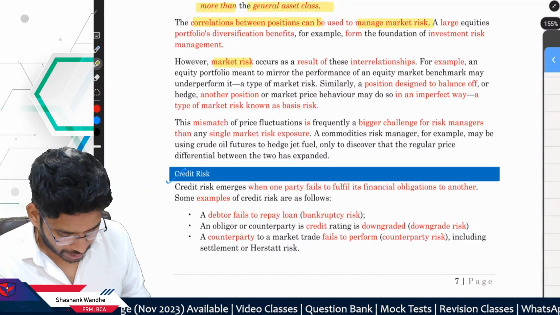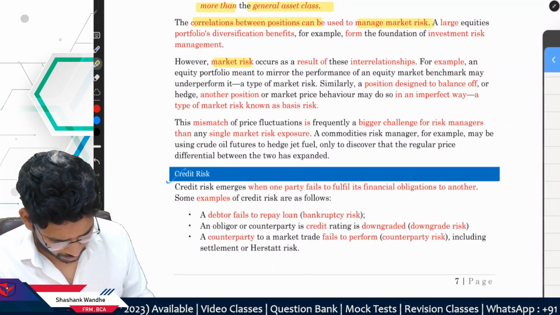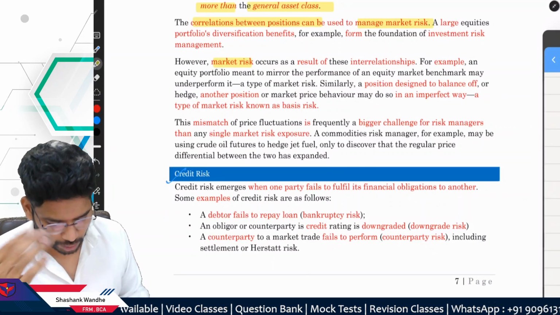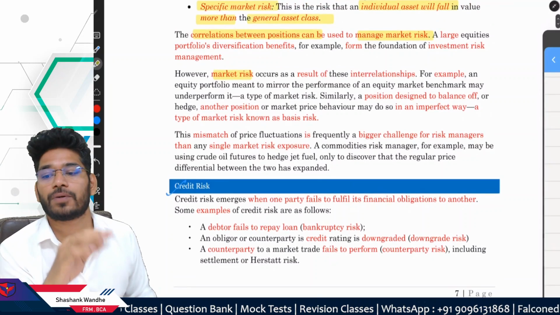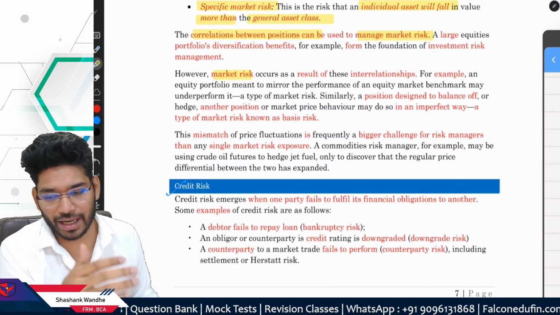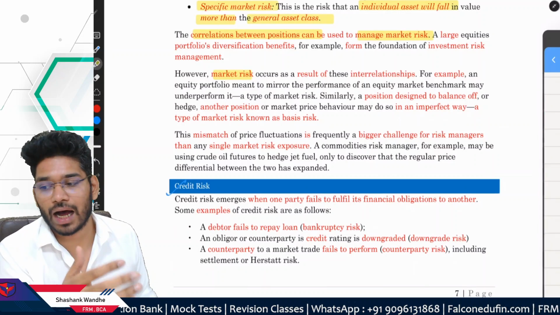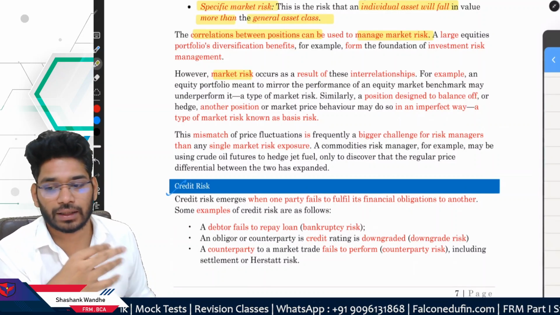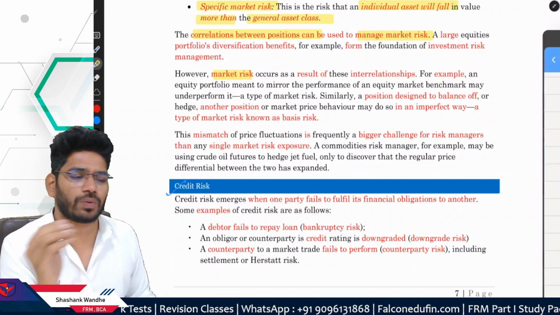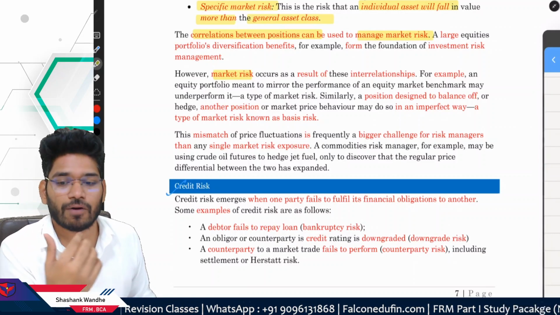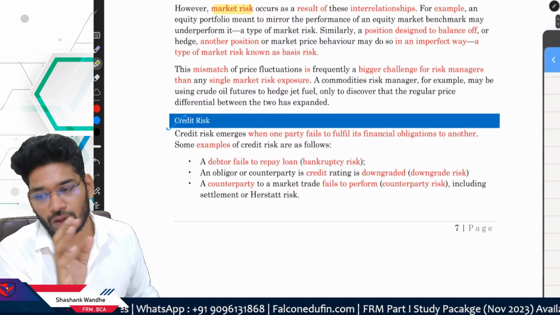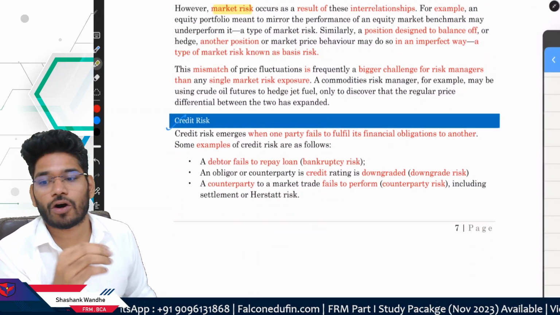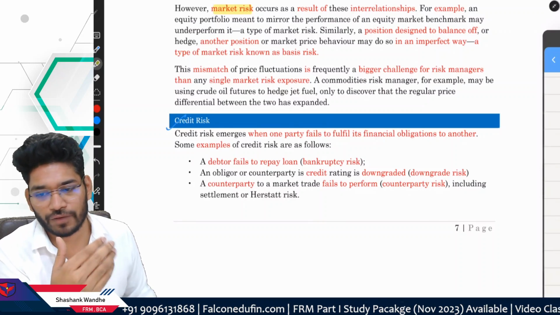Now, for market risk, we'll just read out this particular part. Correlations between the positions can be used to measure or manage the market risk. You will get a large diversification benefit in the form of negative correlationships. However, market risk can also occur as a result of these interrelationships.